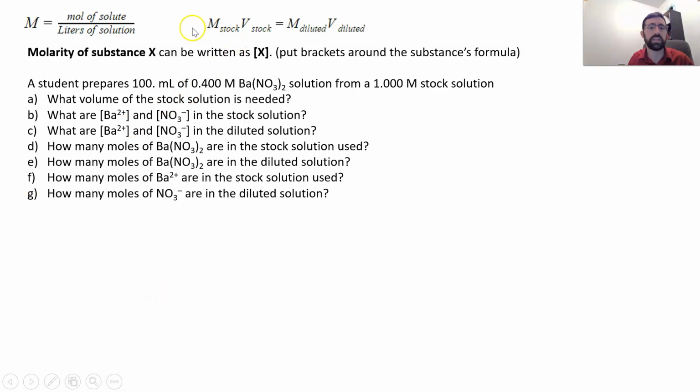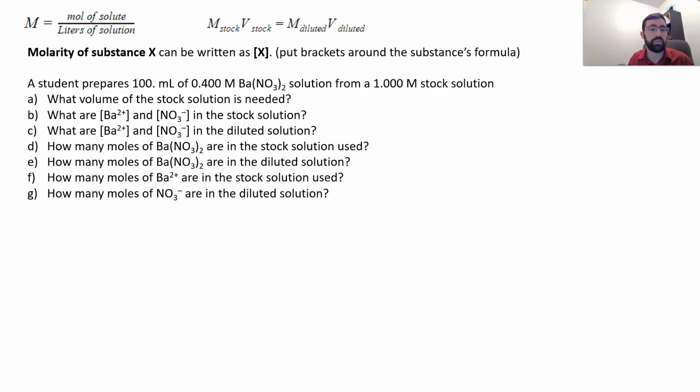I'm going to be using this equation since this is a dilution problem. So, M stock, we know that it's 1.000. V stock is what we're looking for.